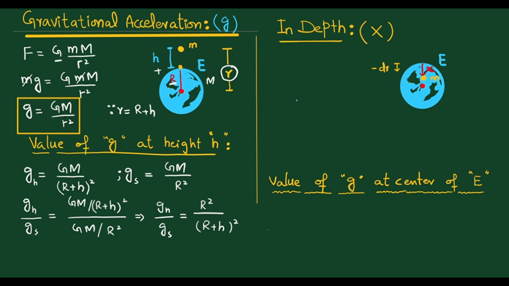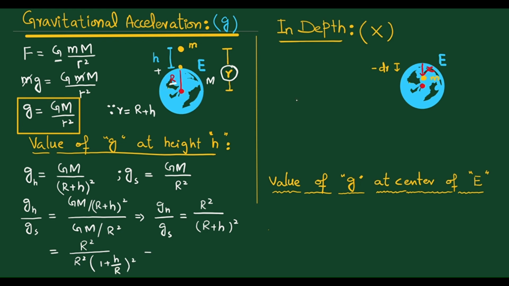If we take the common capital R out of the denominator, then we get R squared into 1 plus h by R whole squared.